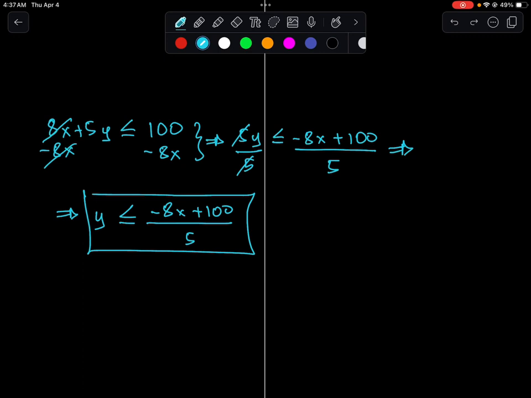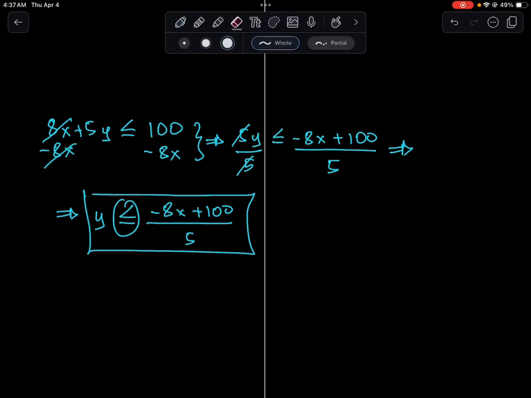And this one is what you need to plug in on the calculator. Y less than or equal to negative 8x plus 100 over 5. Now, our calculator is not going to graph the less than. That we will have to figure out, which part is to be shaded. So no matter what that is, no matter if it's less than or equal, greater than or equal, less than, greater than, it doesn't matter.